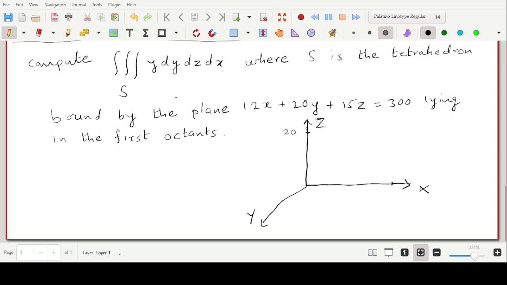So these are the 3 points lying on the coordinate axes that lie on this tetrahedron, and by connecting these 3 points we shall get our tetrahedron. Look at this. This is a 3-dimensional diagram.